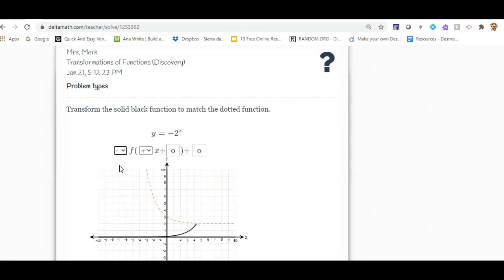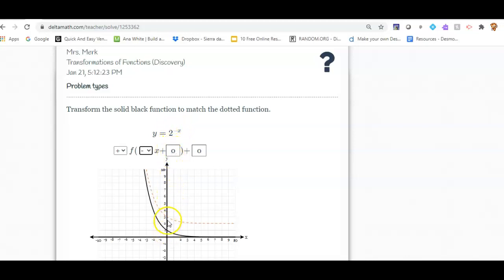If I put a negative here, that doesn't help me. I need to reflect it over the y-axis by putting a negative right here. Do you see how that changed the function up here? 2 to the negative x. I put the negative next to the x, not in front of the function, but next to the x.